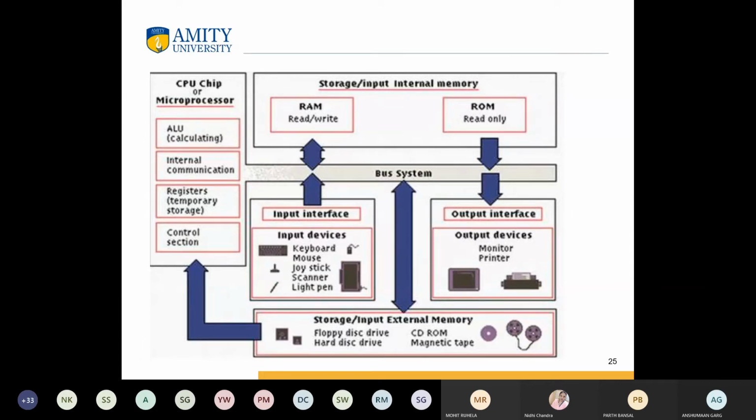Then, for processing all those things as an instruction, we have a microprocessor, we have a CPU, which is the heart of your computers, which has the arithmetic logic unit and your control unit. Other than that, we are having internal communication and we are having certain registers which are there for temporary storage.